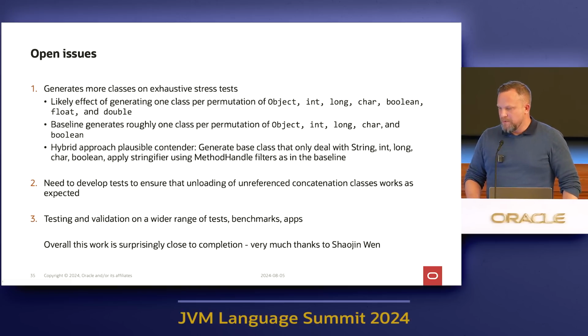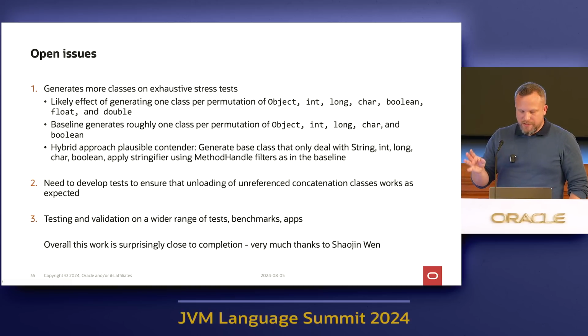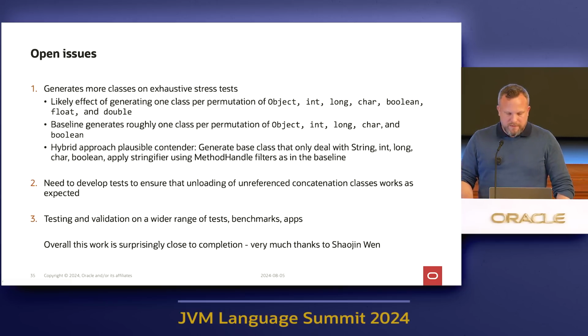So maybe we can do a hybrid approach where we do the stringification of floats and strings the same way as we've done in the past, and get to a point where we are on par even on that test.